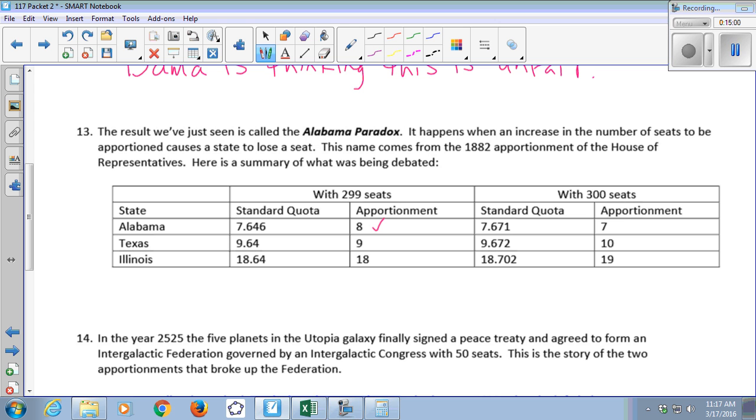When you increase the number of seats to 300, their apportionment went down to 7. So this is a really, really big debate about the constitutionality of Hamilton's method. All right, so that's one drawback, the Alabama paradox.